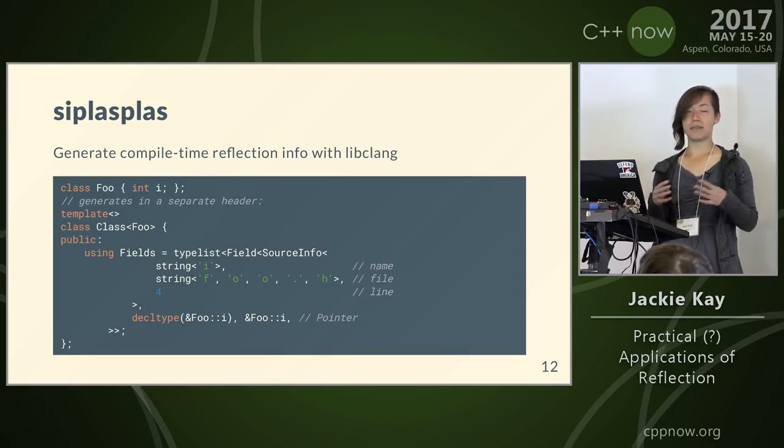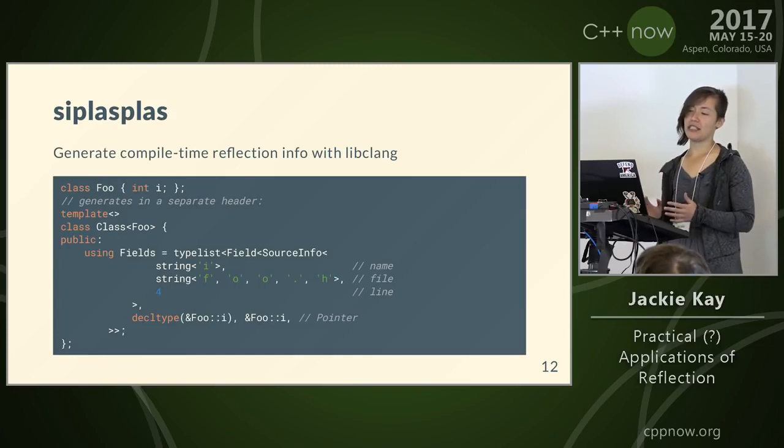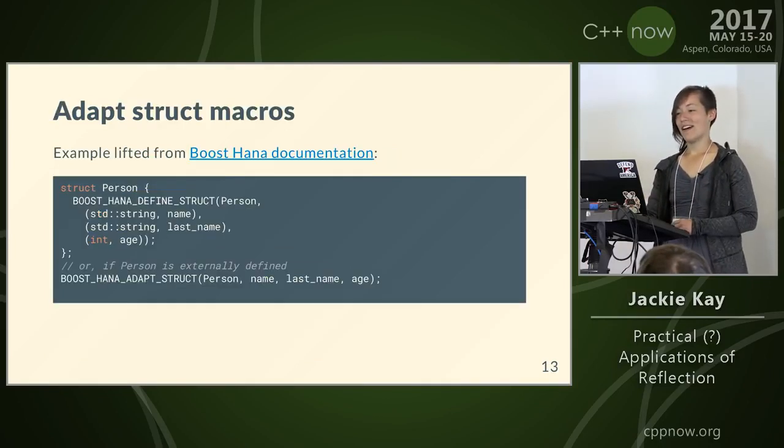And then that is used as a basis for a static reflection library. So the disadvantage with this is it's not portable, and it does require some external tooling. Well, not portable is not accurate, but it essentially forces you to use libclang, and that, for example, might not be available on Windows yet, or might not be reliable on Windows yet.